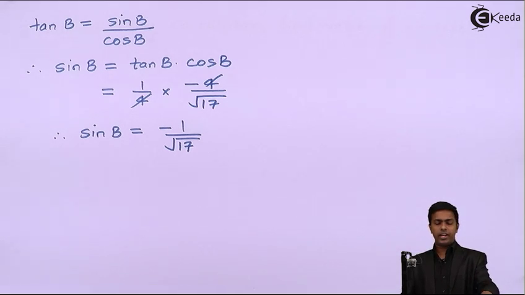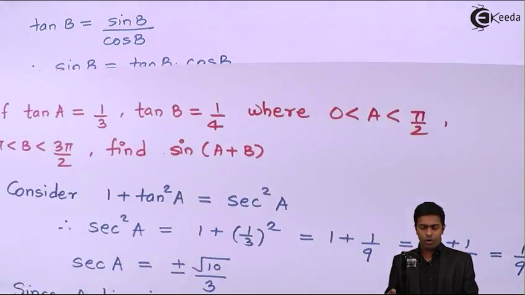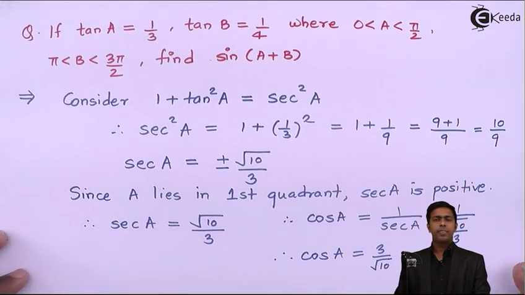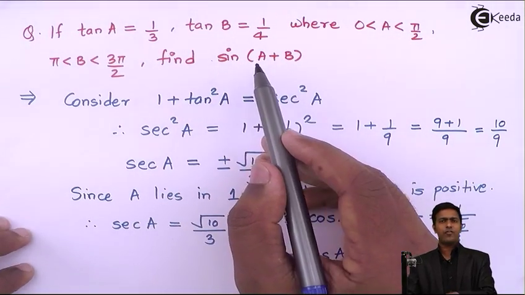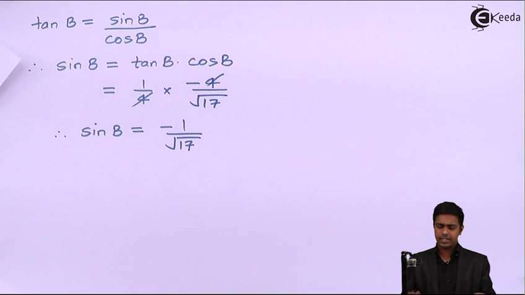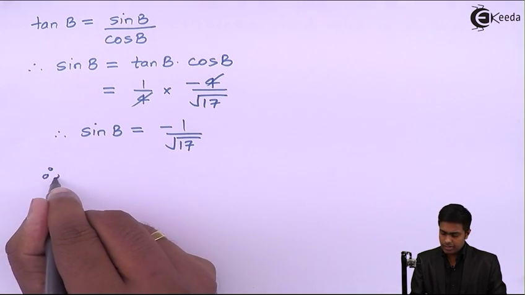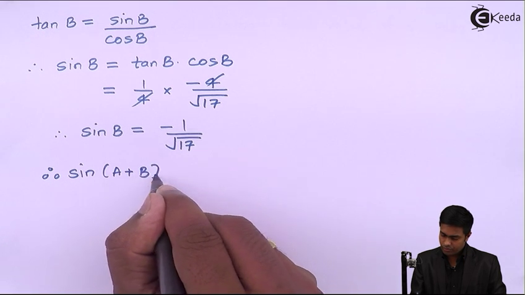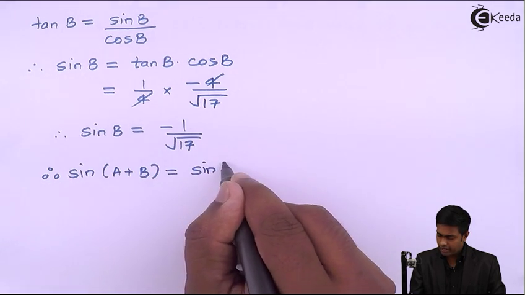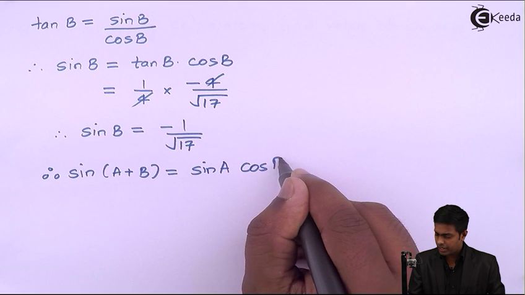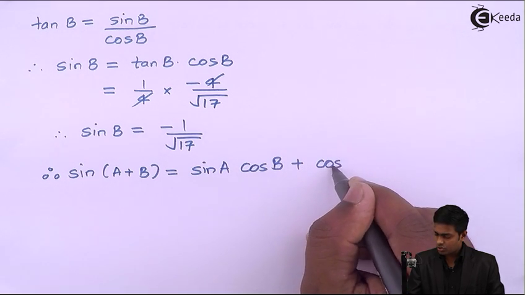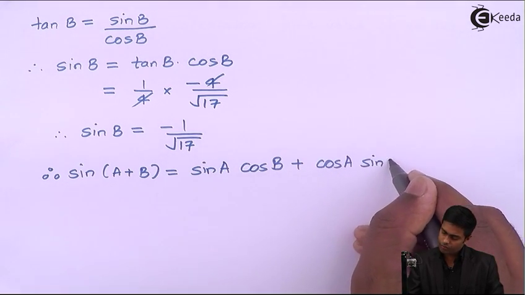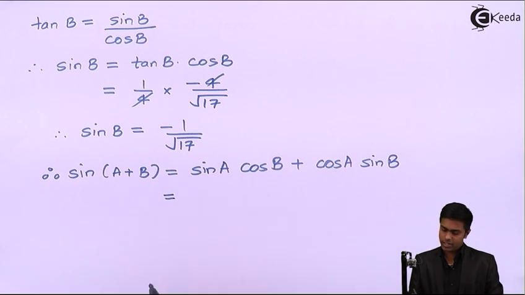Now let's find out the value of the given question. Here we have to find out sine of A plus B. Therefore sine of A plus B is equal to sine of A into cos of B plus cos of A into sine of B. Now let's substitute the values.